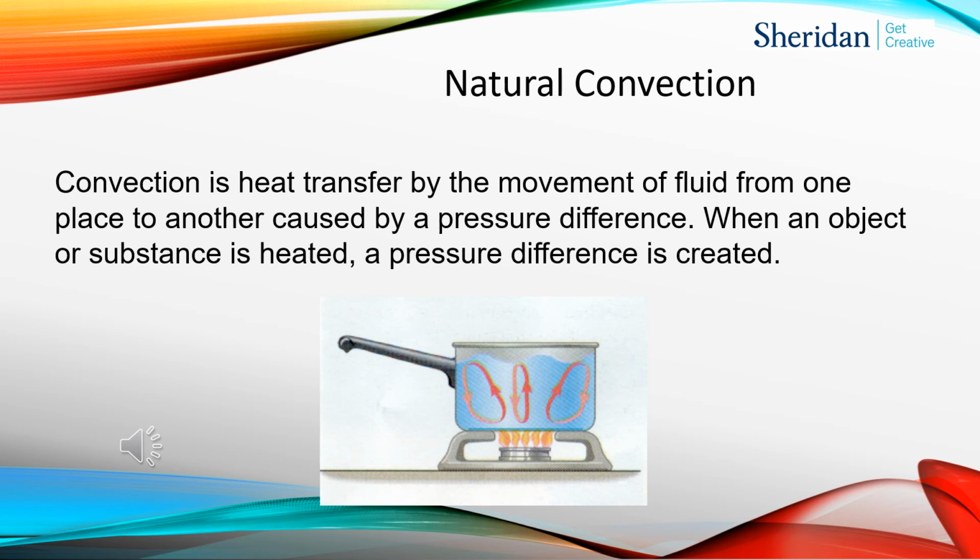Next one we'll look at is convection. In natural convection, convection is heat transferred by movement of fluid from one place to another caused by a pressure difference. When an object or substance is heated, a pressure difference is created. When you heat a liquid or a gas, it expands, and when it expands, it becomes lighter.